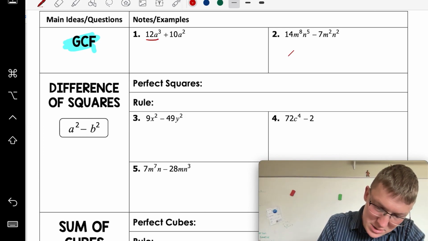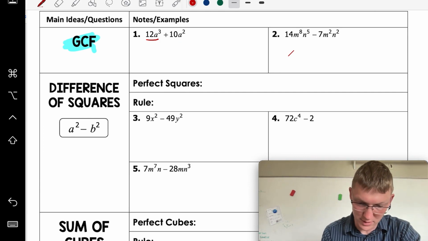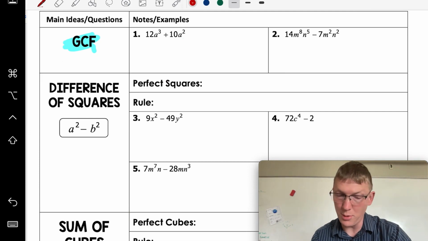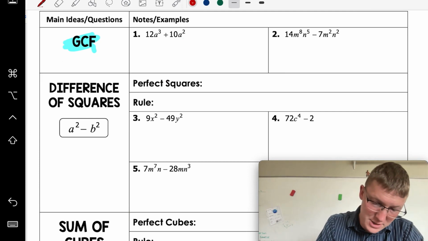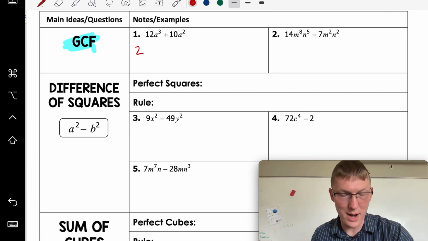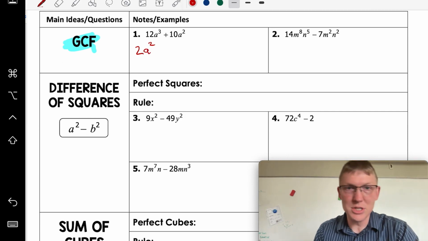So if we look at these two things, they both have a couple of factors in common. Number one, they've got a 2 because they're both even. So you can factor a 2 out. And they also have an a squared. So they both have an a squared.